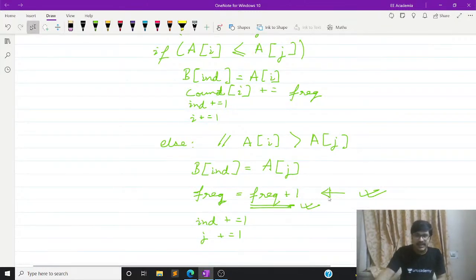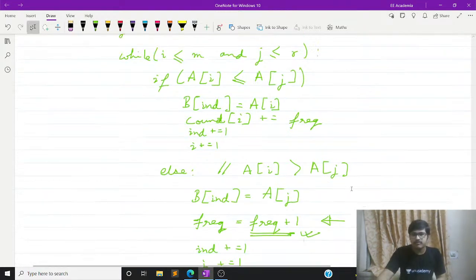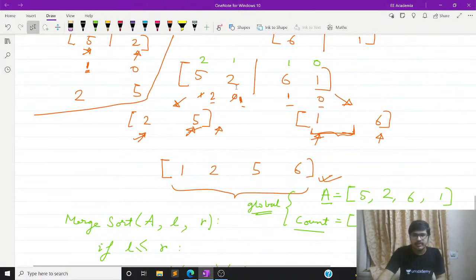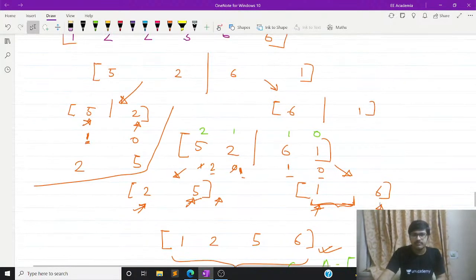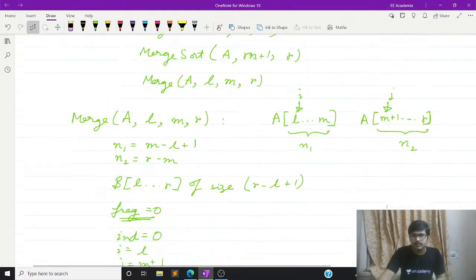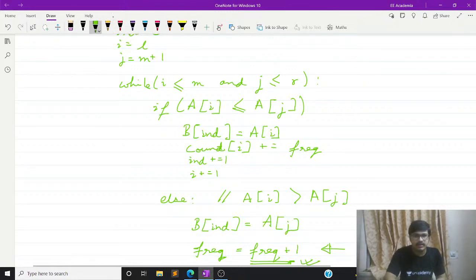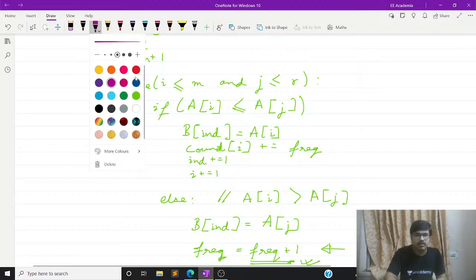Normal increment of I and J, but this frequency as and when, so if the arrays were like, I would just explain it once, for better understanding.